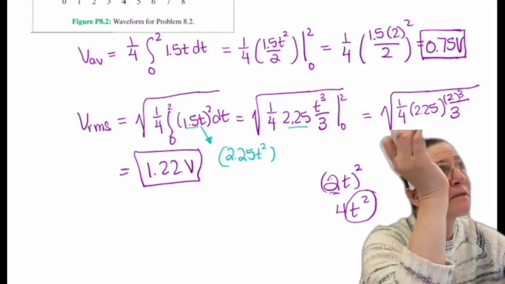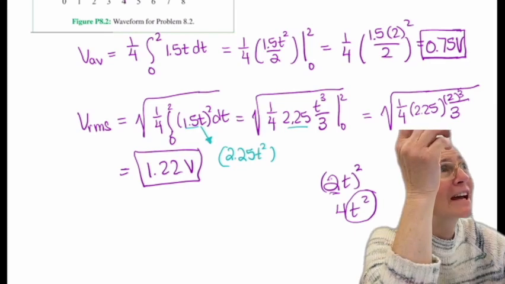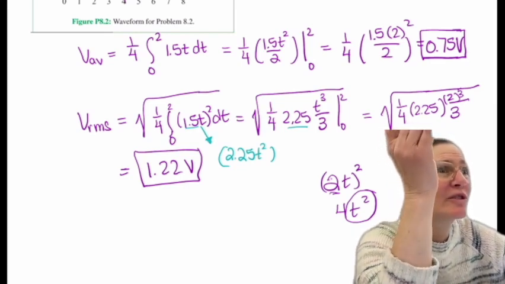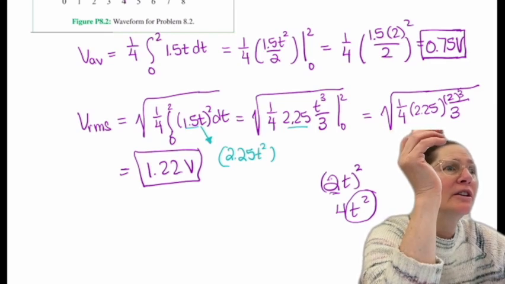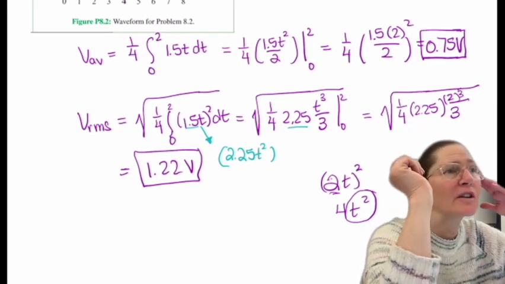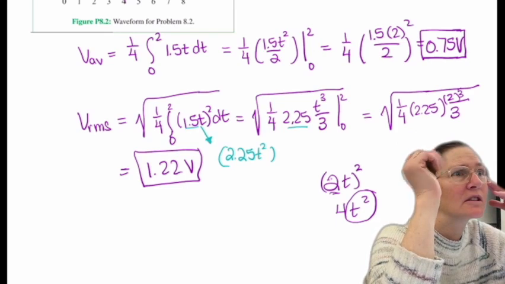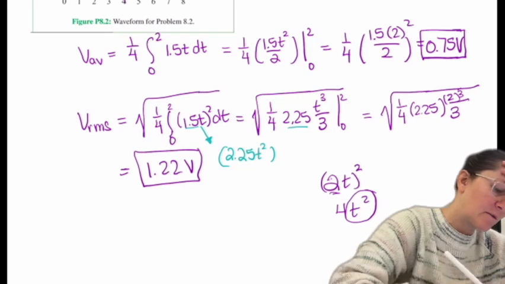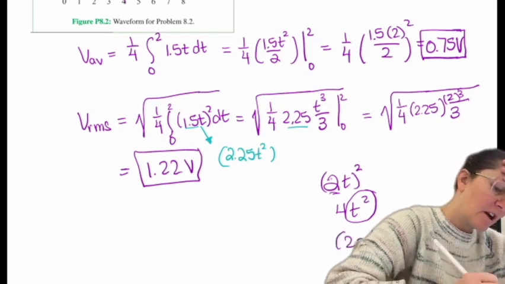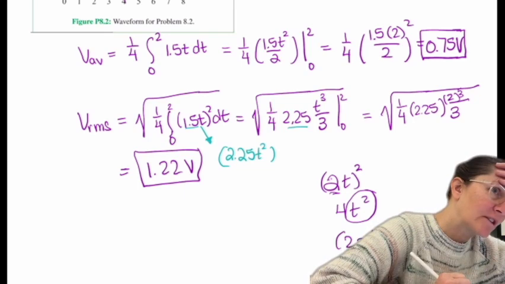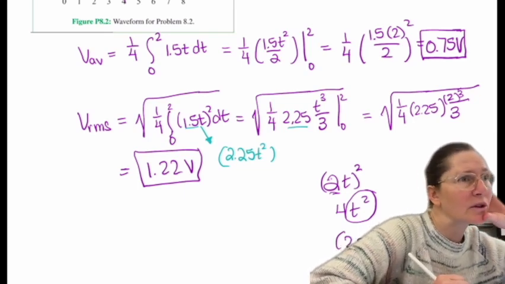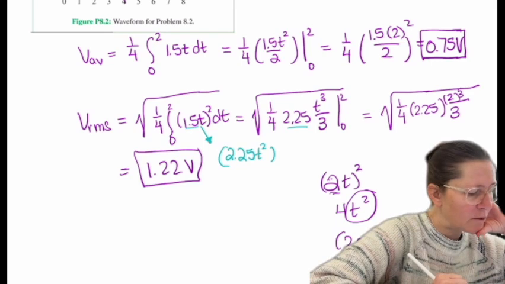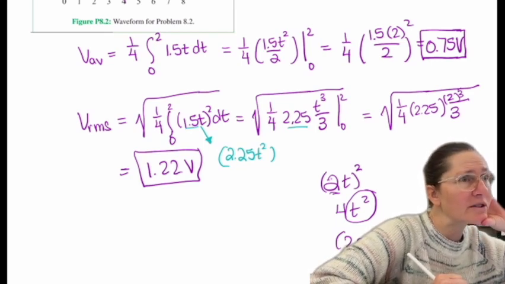If it's like x minus 1 squared, then that quantity you do, but because this is a constant in the front, you don't. So if I had like 2 minus t squared, then I would have to raise it all to the third and divide the whole thing by 3. But that 1.5 is a constant. So you bring out all the constants from the integral. Does that make sense, Bri?